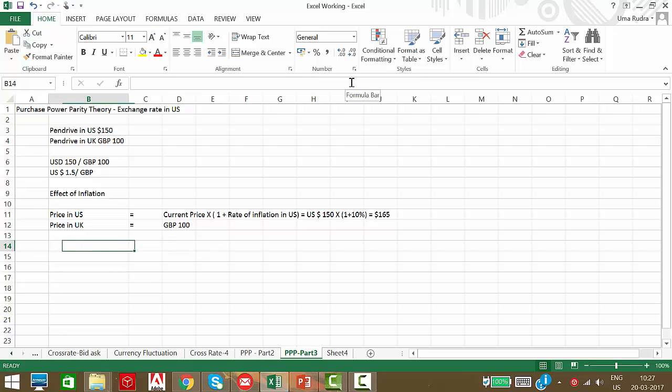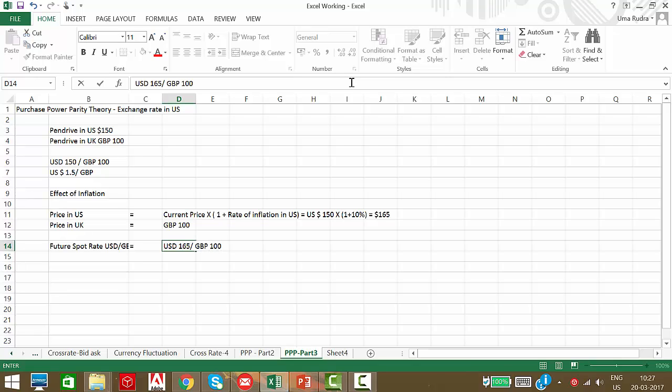Because of this effect of inflation, the future spot rate USD per GBP would be USD 165 post inflation divided by GBP 100.